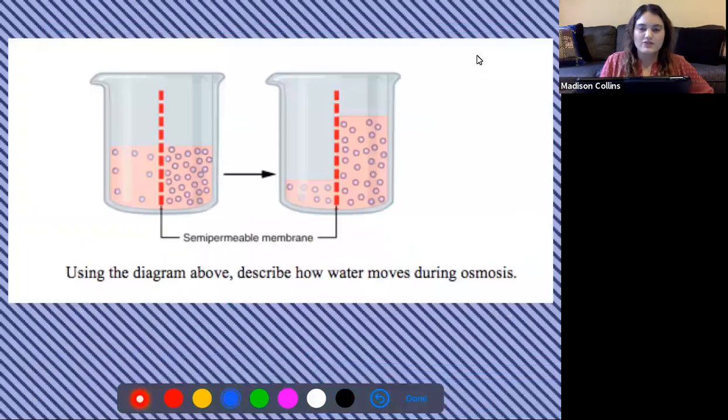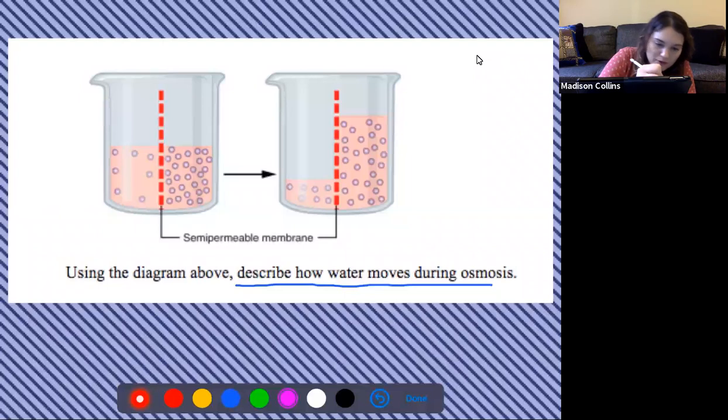All right. The very last thing I want you guys to do today, here's another picture of what osmosis looks like, or here's an example of osmosis. Using what we just covered, I want you guys to explain or describe how water moves across this membrane during osmosis. So pay attention to the amount of solute.